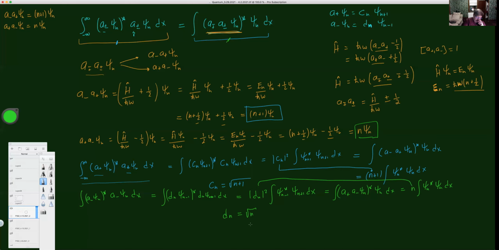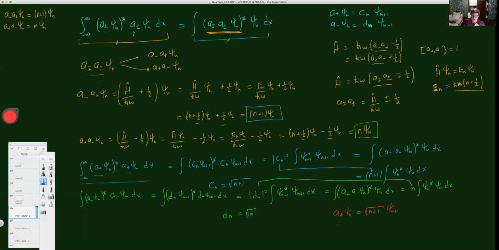Okay? Now we can replace these things up here, so I'm going to do that down here, in our red color. Finally, we have the equation a plus acting on psi n is equal to Cn, which is the square root of n plus 1 psi n plus 1.